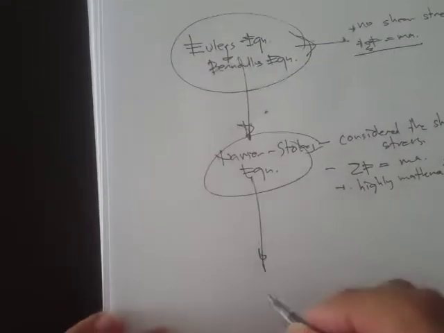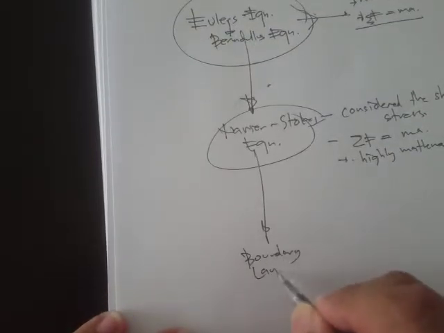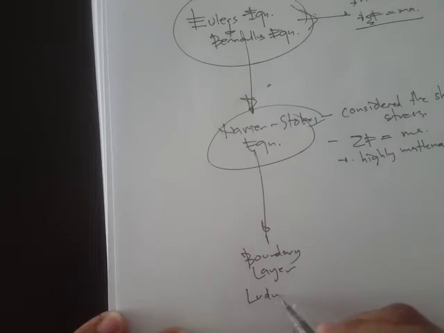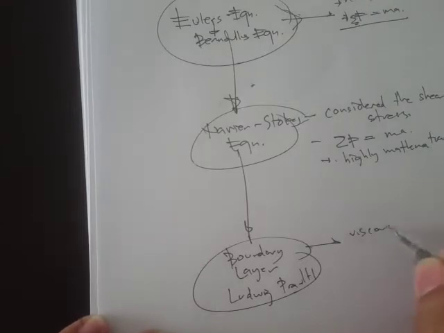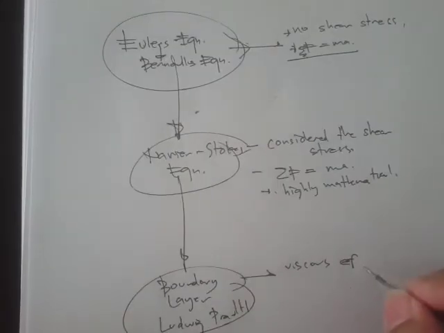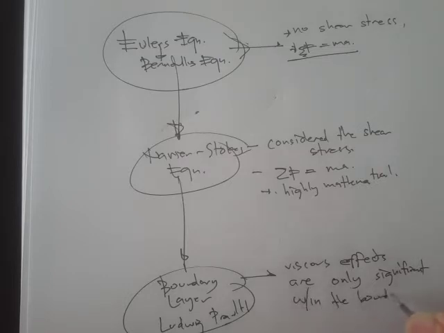And around 1900s, I also mentioned the boundary layer by Ludwig Prandtl, which says that the viscous effects are only significant within the boundary layer.